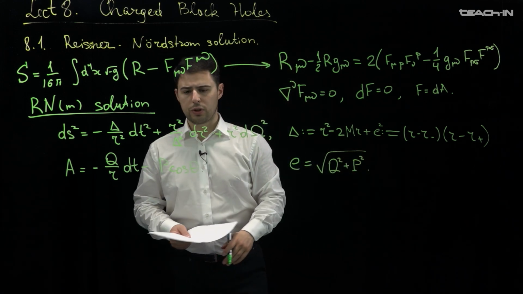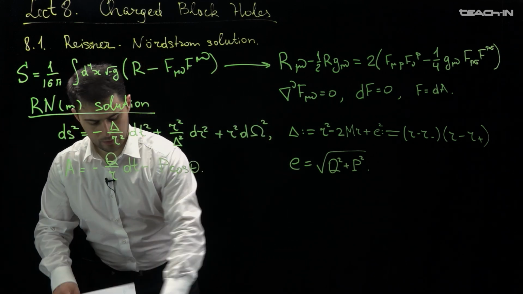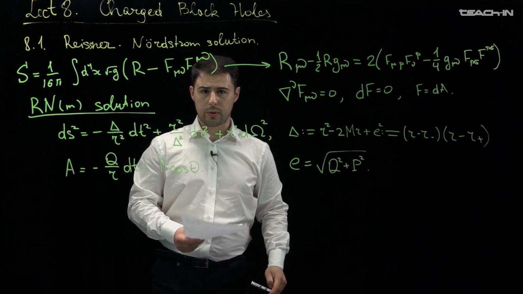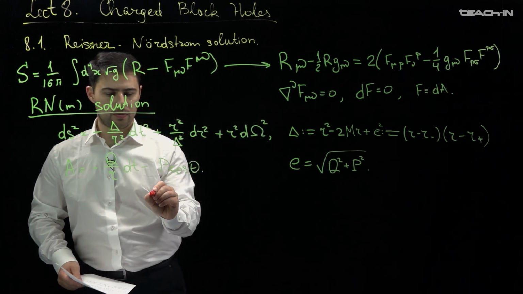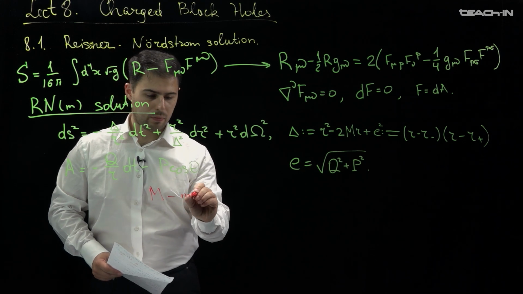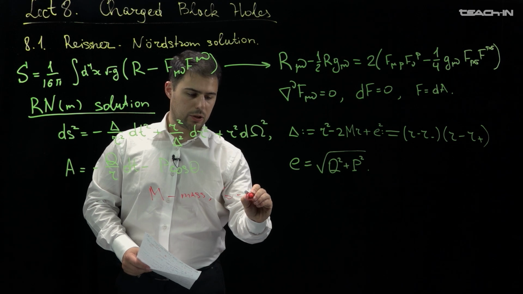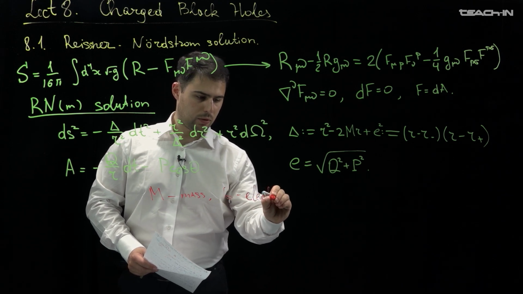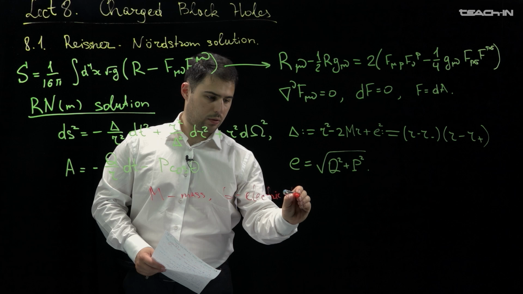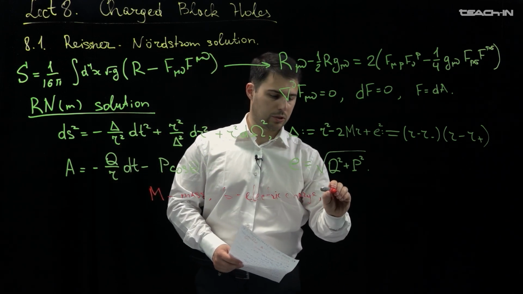So we have the solution given by three constants: m, which is the mass, Q the electric charge, and P the magnetic charge.